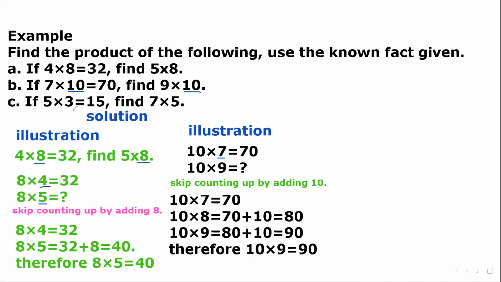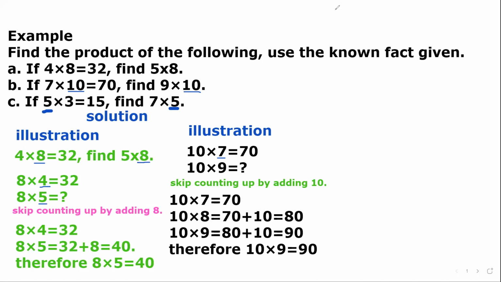Then, based on the known fact that we are going to use to find the unknown fact, that is the 7 times 5. So a particular number appears in the known fact and at the same time appears in the unknown fact. That is the number we call the multiplier. That is the 5 here and the 5 here. It's a 5 that appears in both known fact and unknown fact.